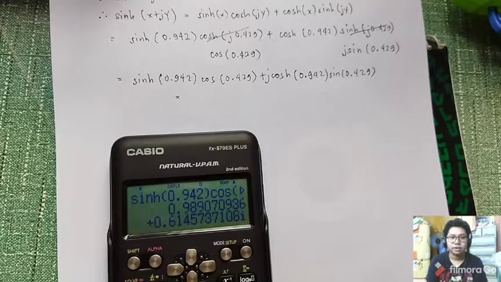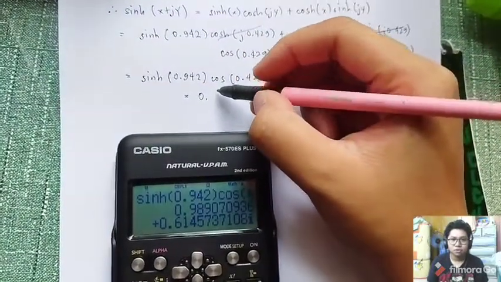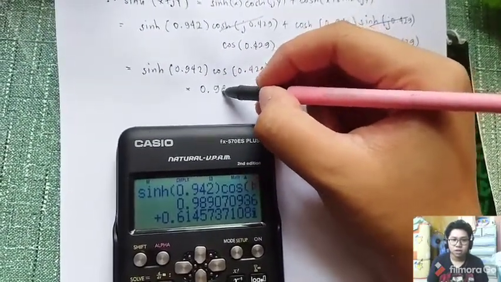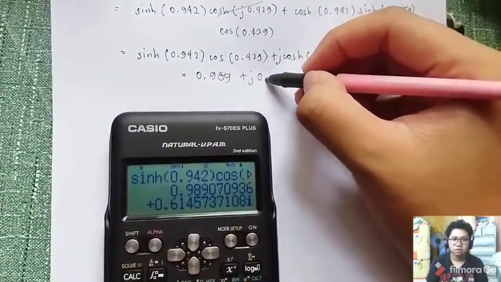And then remember that the cosine hyperbolic of jy is equal to the cosine of y, and the sine hyperbolic of jy is equal to j sine of y. After that, we can now use a calculator to find the value of the sine hyperbolic of the complex number. And for this problem, the value is 0.989 plus j0.61.